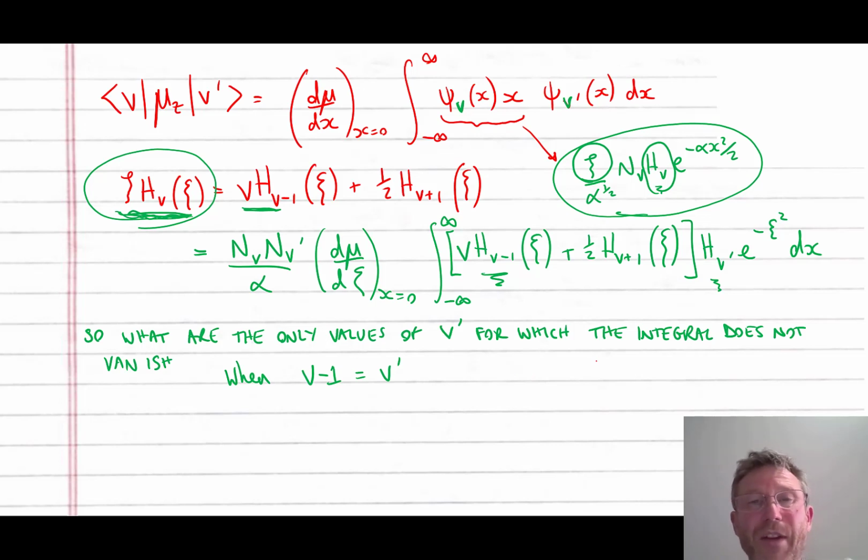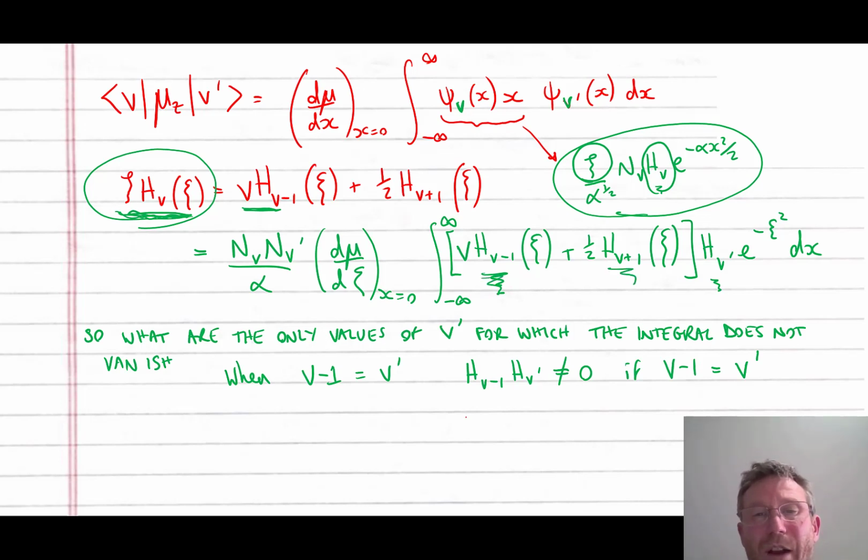I set this up in my transition dipole moment to go from v to v'. So it turns out that in this integral, v minus 1 must be equal to v'. In other words, H_(v-1) H_v' is not equal to 0 if v minus 1 is equal to v'. That's the first part of the integral.